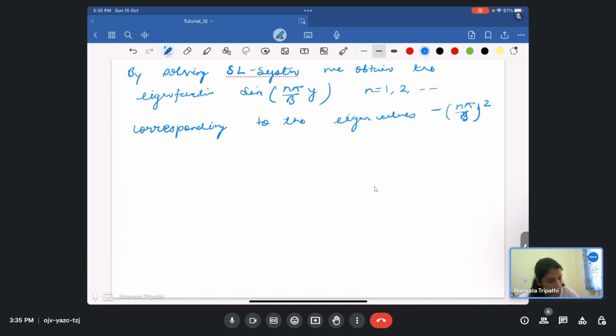Fine. Again where n is from 1 to infinity and so on. Okay. So with the help of this lambda we will solve for x. We will solve for x.